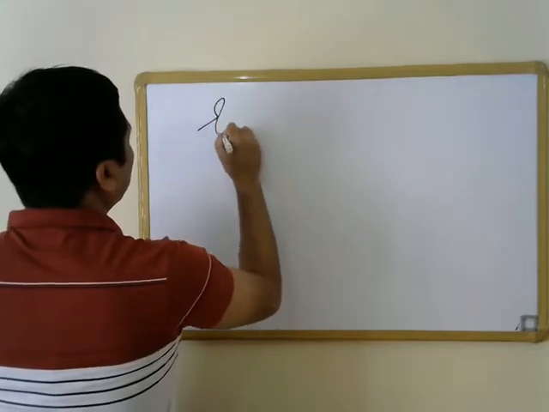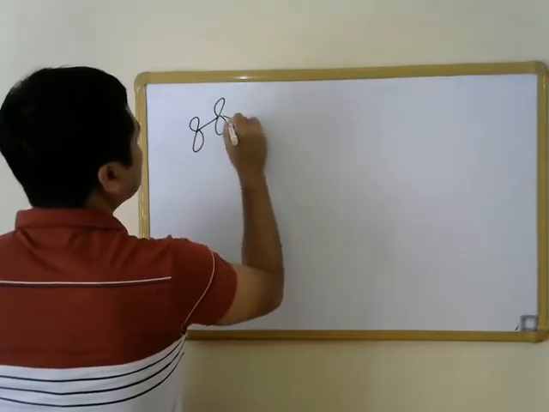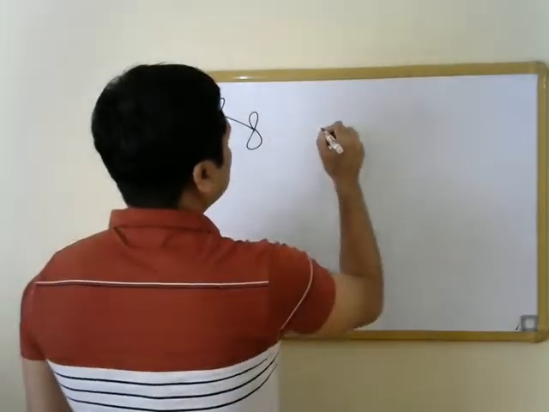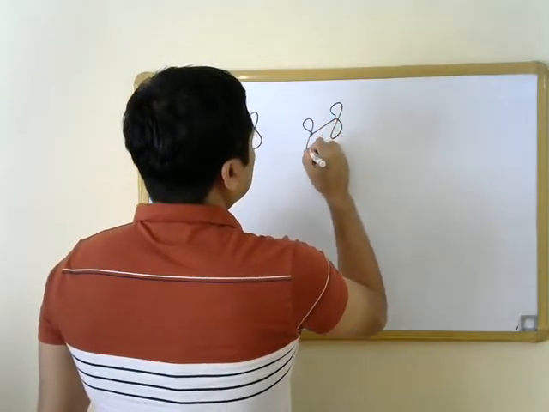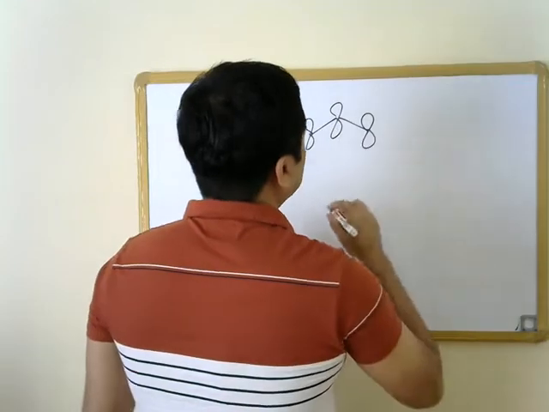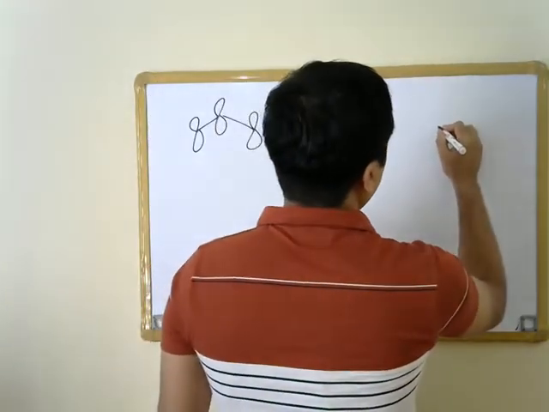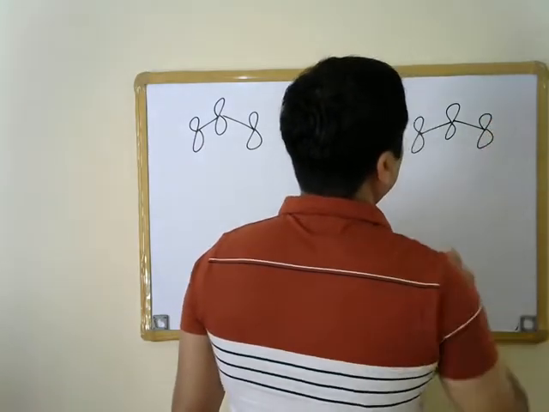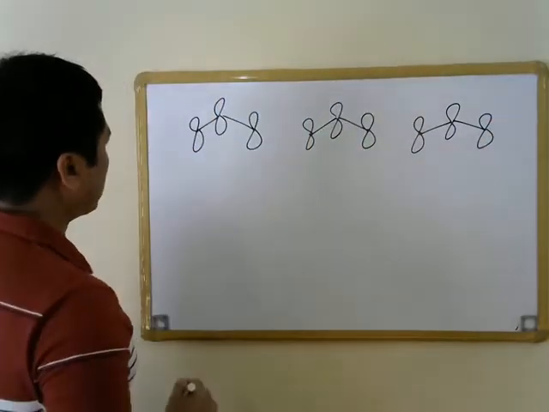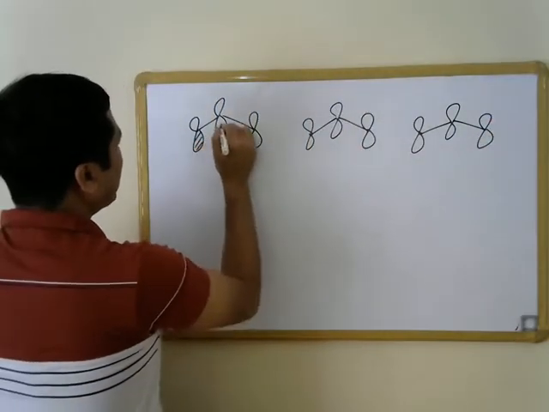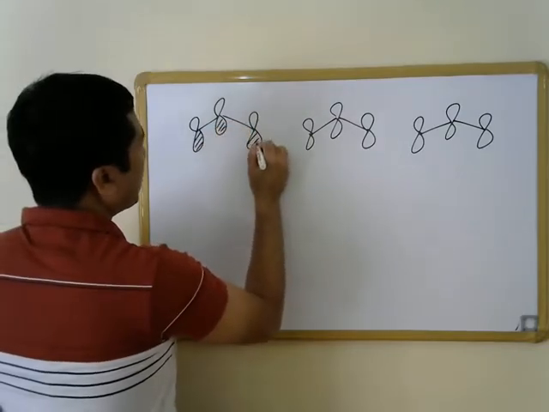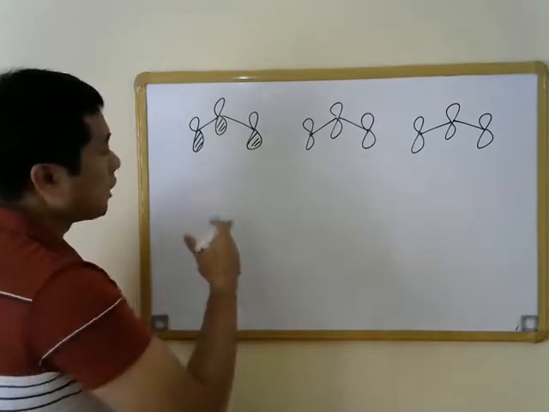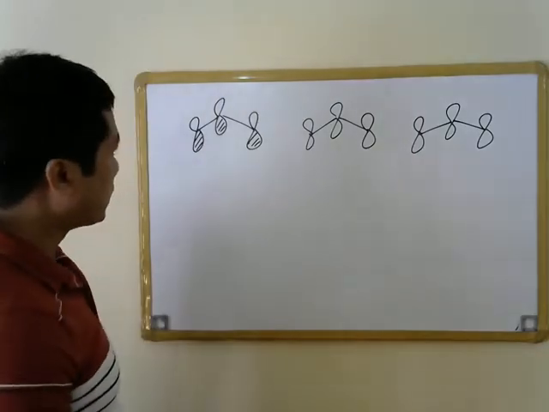So let us draw these molecular orbitals on the allyl ligand, and then we can find out the respective metal orbitals which can participate with these molecular orbitals of the allyl ligand. This is the bonding molecular orbital of the allyl ligand, where all the p orbitals on each carbon atom are in the same phase.